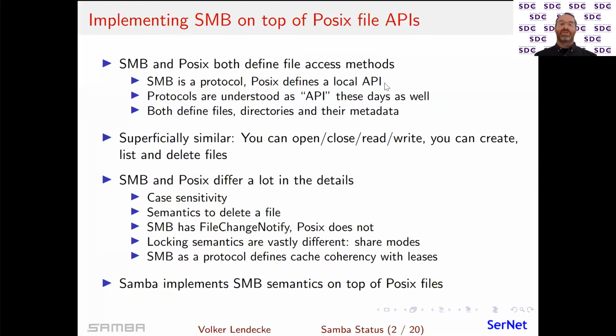It has to deal with file and metadata caching, and SMB does define a protocol to coordinate caches and guarantee cache coherency, and that's called leases. So Samba sits in the middle between SMB semantics coming in from the network, from clients, and has to implement this on top of a POSIX file system.